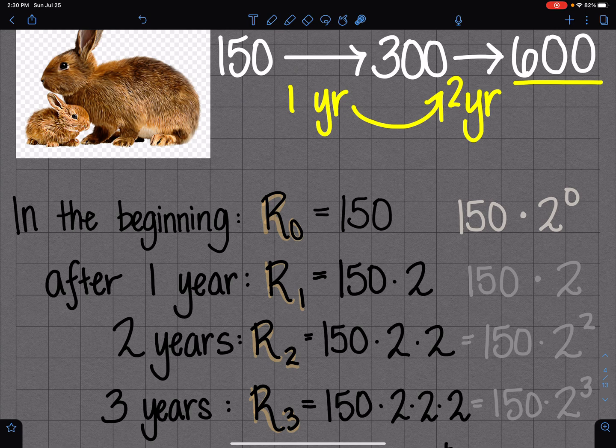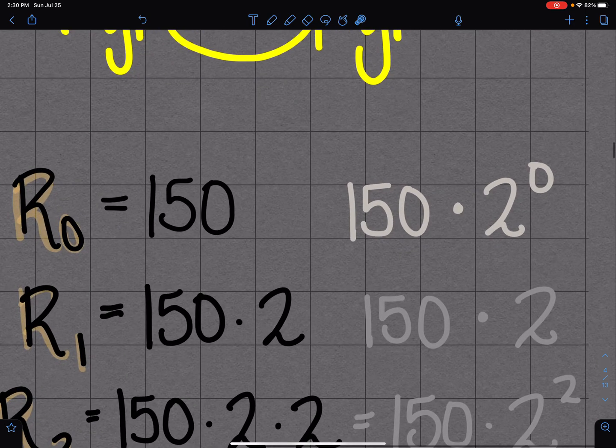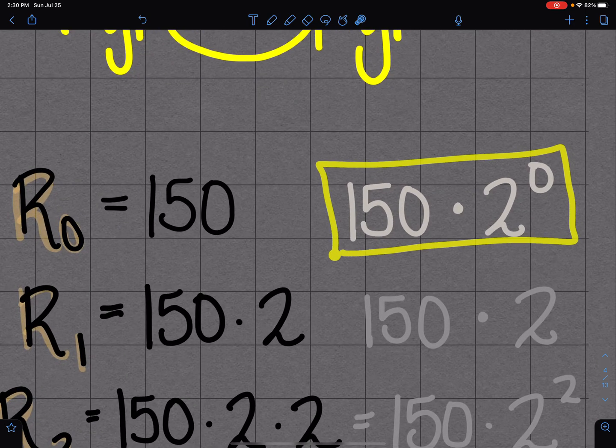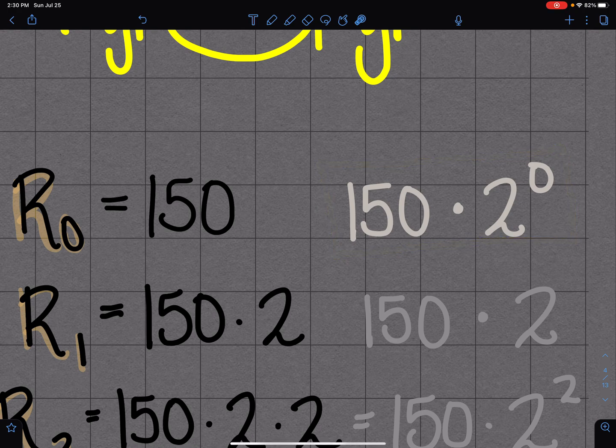And just look at this for now, 150 times 2 to the 0, and it'll make sense in a minute, but it probably won't make sense right now. Like, why are you multiplying it by 2 raised to the 0 power? And the answer is going to be because this 2 means what's the rate of growth? And it tells us that it doubles every year.